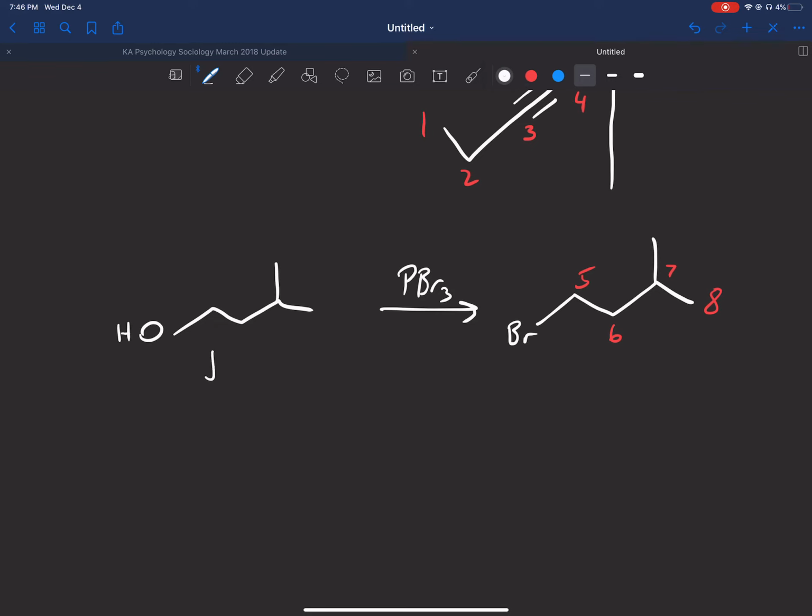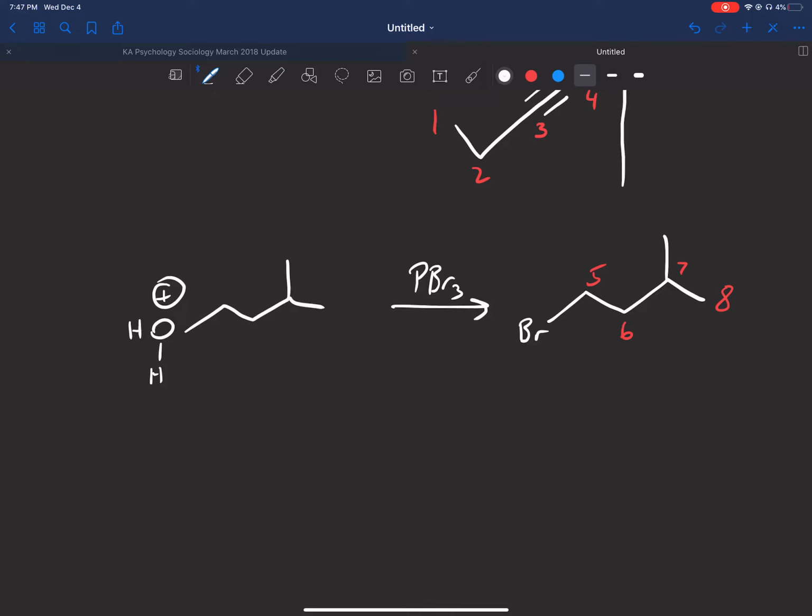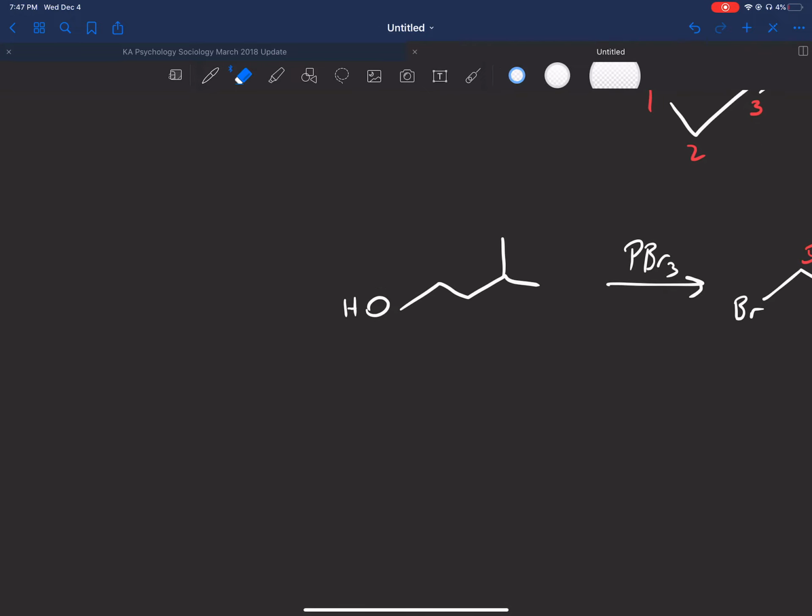If you use HBr, you'd protonate this guy, and he's not going to leave on his own because you'd get a primary carbocation. So the Br minus you generate is just going to attack that carbon and kick this guy out. So you'd still get that same compound and avoid shifting at the same time. You could use PBr3 or HBr. It's all fine. And so now we have this OH.